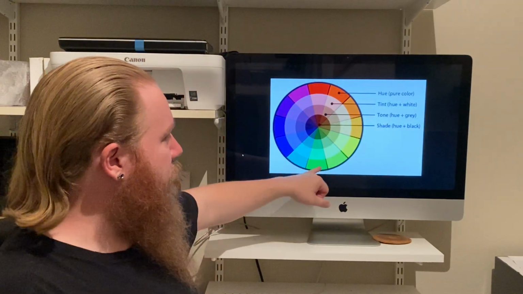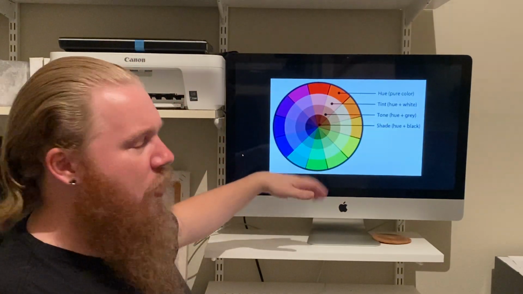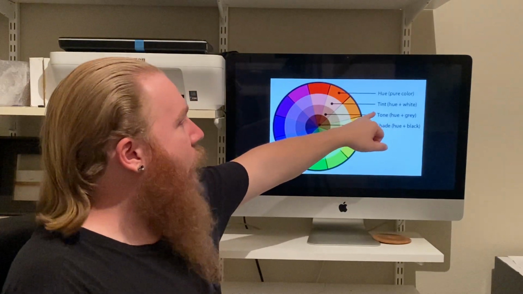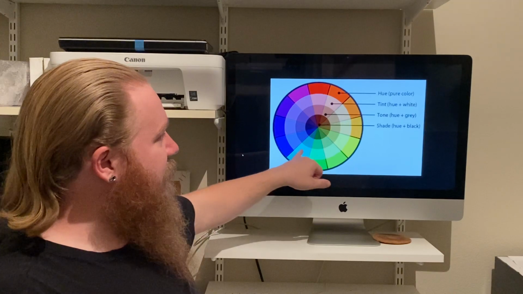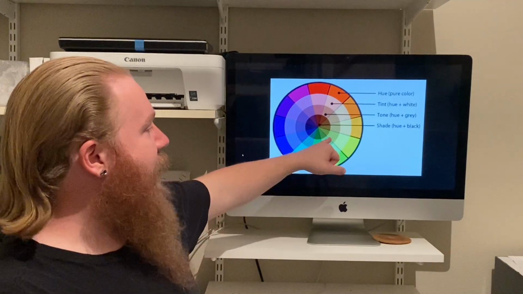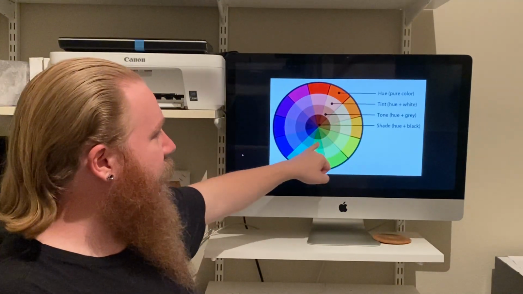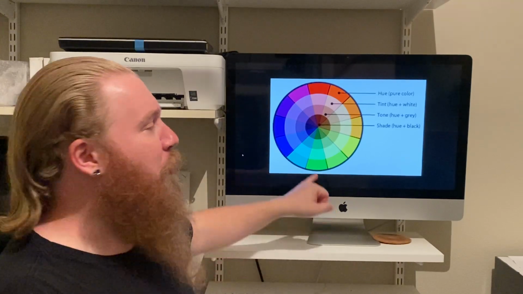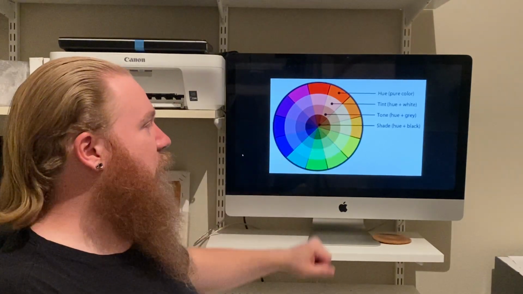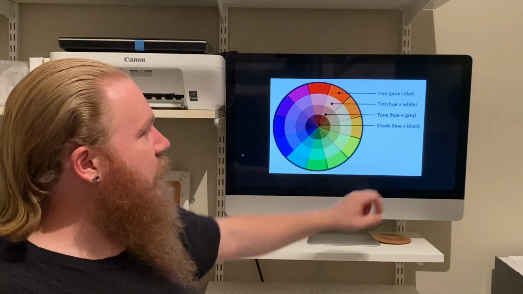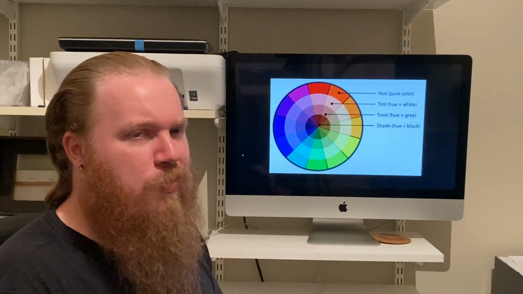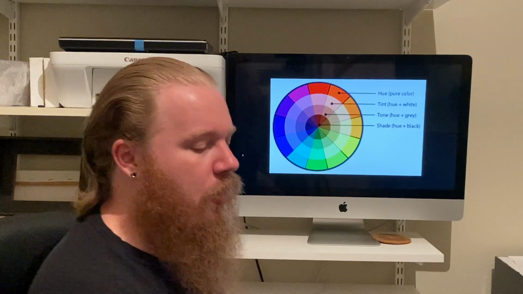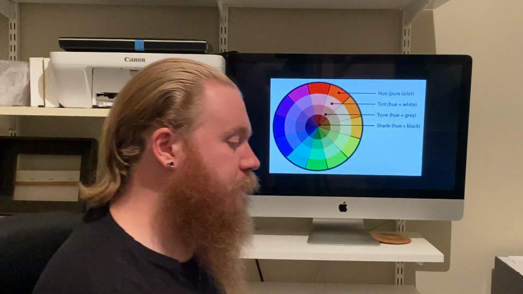So that would be yellow, yellow-green, green, blue, all of that. Then if we add white to it and make a tint, we have something more like this. If we tone it, we add gray to it, so we get something more like here. And then if we shade it, we add black and we get something more like the center. So we can have quite a variance across a pure hue, depending on how we tint or tone or add neutrals to it and all kinds of things like this.